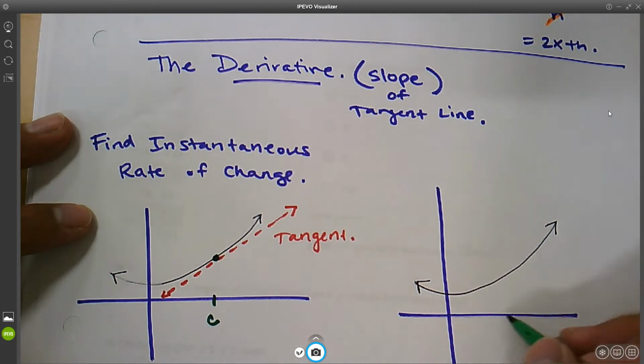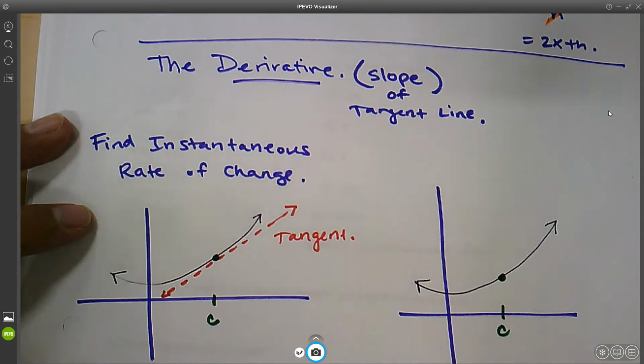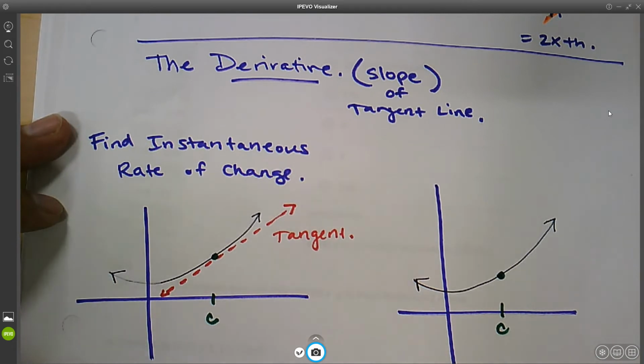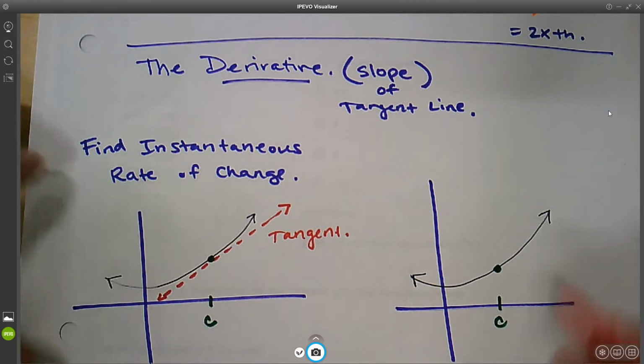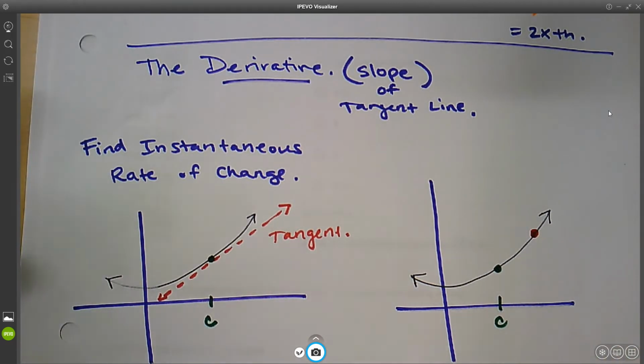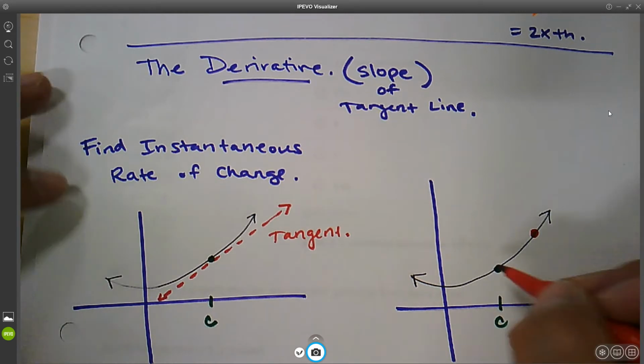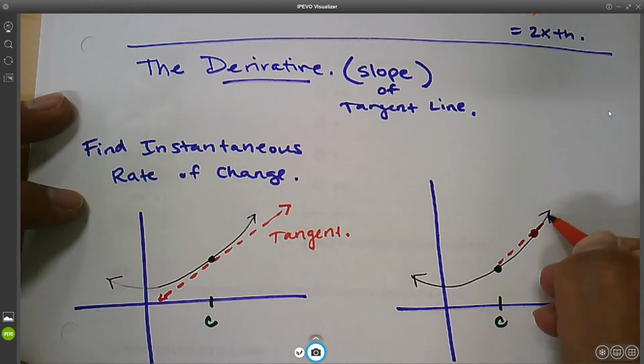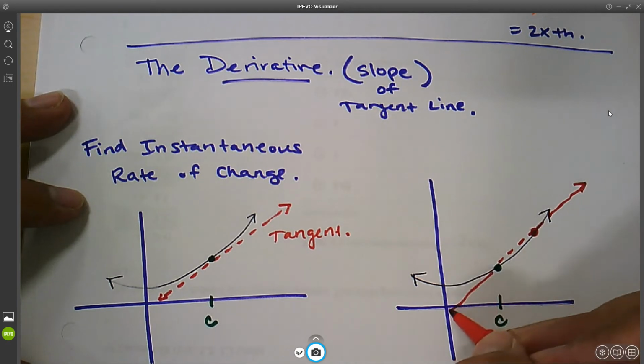We were interested in the C spot, but we didn't know how to do it. So we picked a point somewhere over here to help us. And that one has a line. That line is called what?